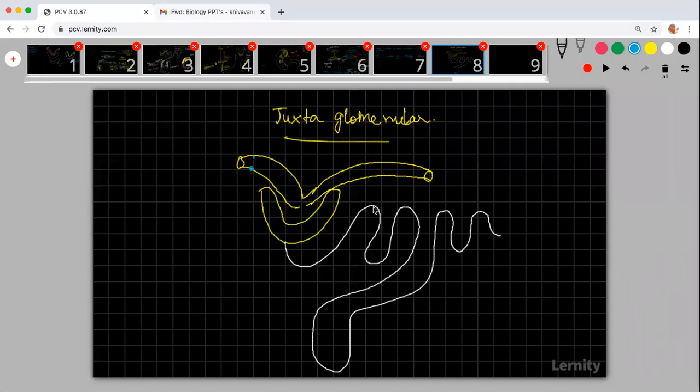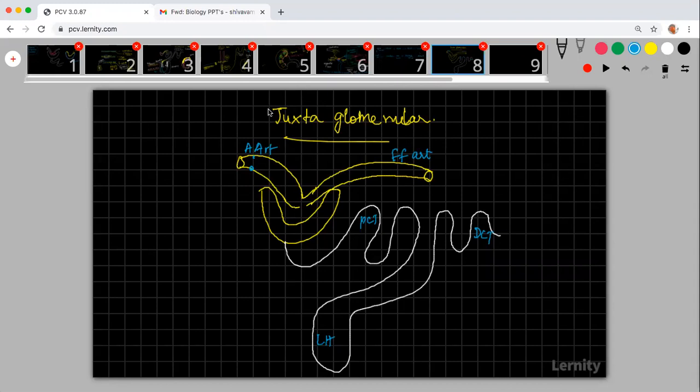This is your PCT, and this is your loop of Henle, and this is your DCT, and this is your afferent arteriole. This is your efferent arteriole. Are you understanding this diagram first of all? What I have drawn? Yes or no? Quickly tell me. I don't have much time.